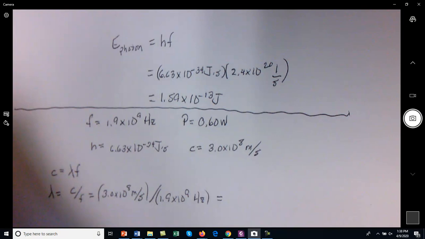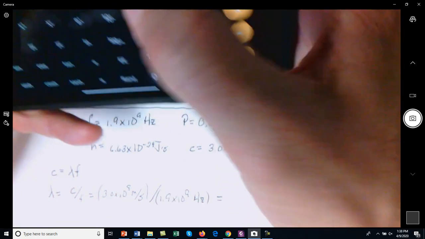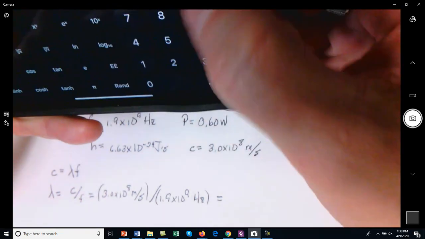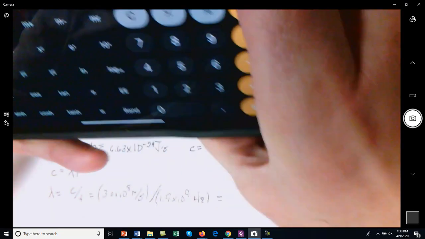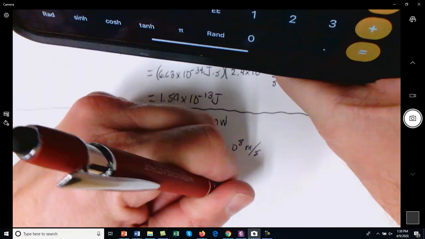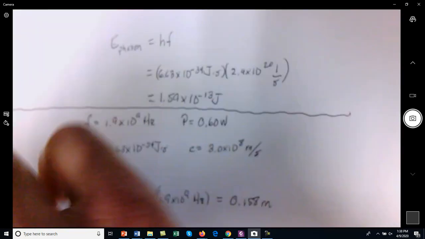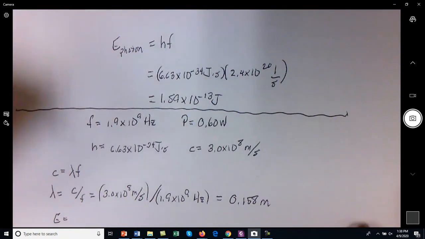And that gives us a wavelength of 0.158 meters.